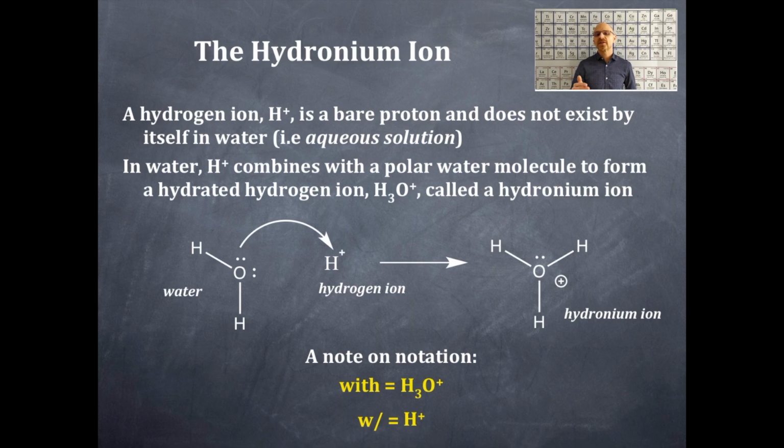So the W with the slash is equivalent to the hydrogen ion, which is a bare proton, but we really assume that the W with the slash is the full word, like the hydrogen ion is the same thing as the hydronium ion. They are different, but anytime you are dealing with something in solution, it is most certainly the hydronium ion, but many times in chemistry, we shorthand note that as just a hydrogen ion. Just so that you know, if it's in solution, it is a hydronium ion and not a bare proton.